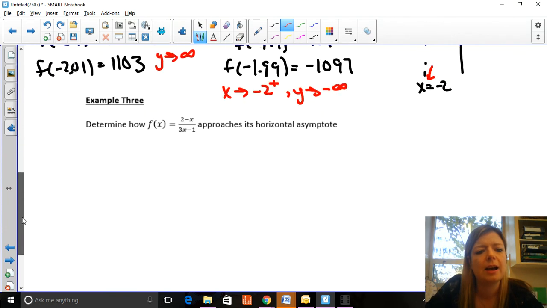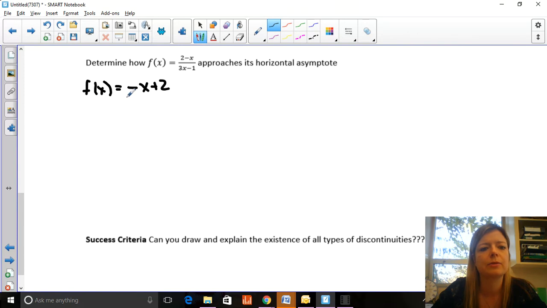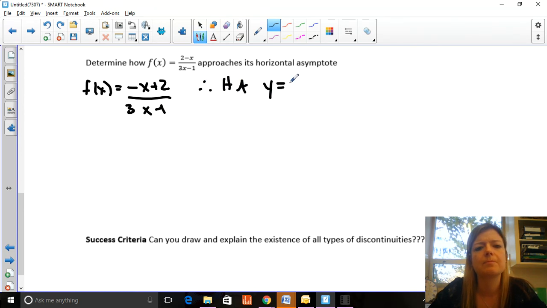Okay, how is this function approaching its horizontal asymptote? Well, first we need to find the horizontal asymptote. So let's rearrange this so that we can see the leading coefficient. So this would be -x plus 2 divided by 3x minus 1. So therefore the horizontal asymptote is y equals -1/3.